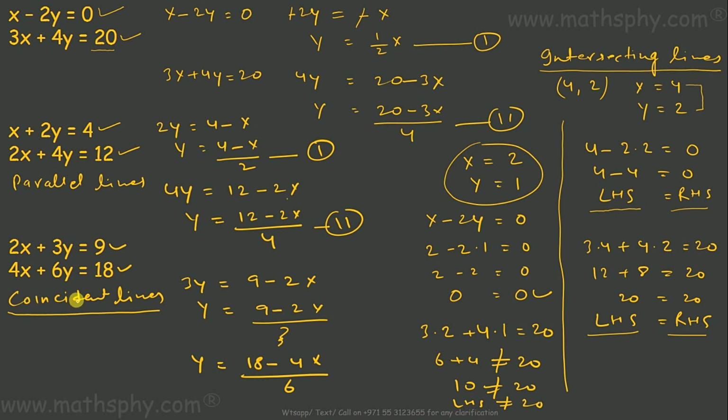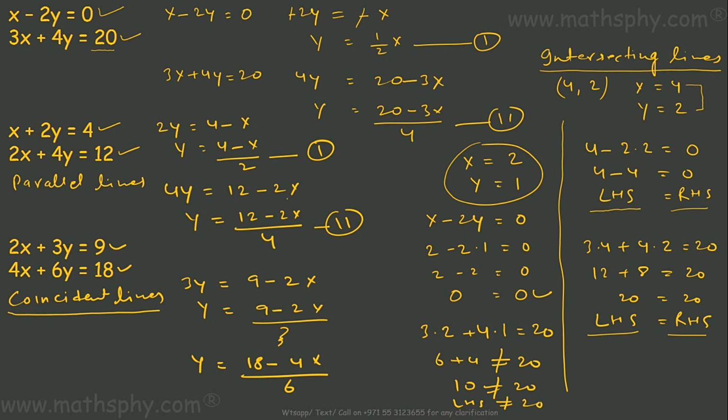Now, coincident lines have all the points in common. Not like intersecting lines where only one point was common, or like parallel lines where none of the points were common. Here all the points are common.